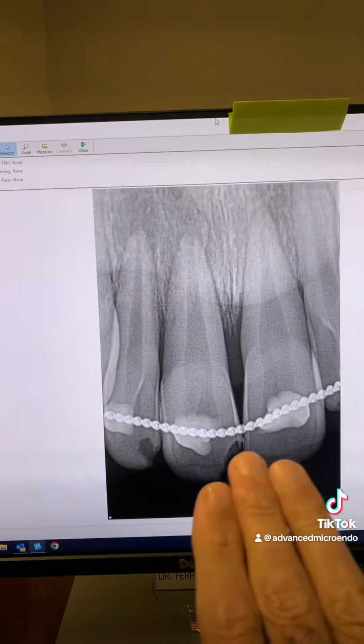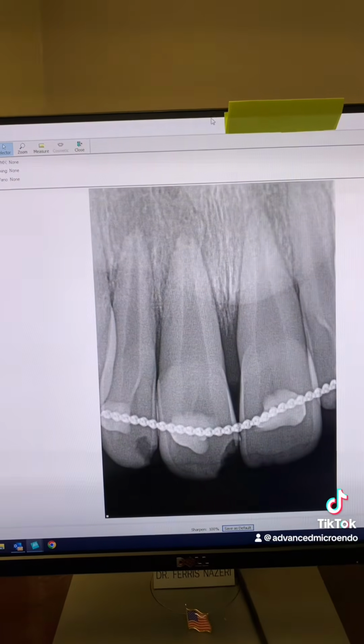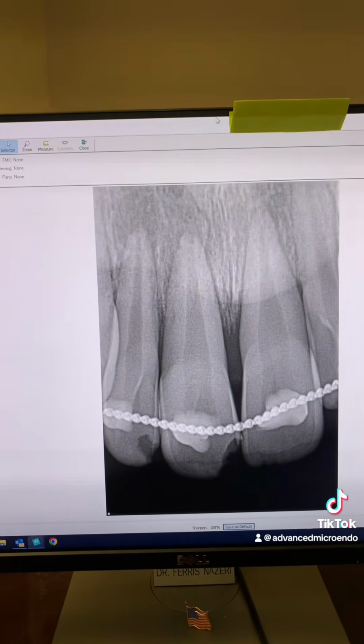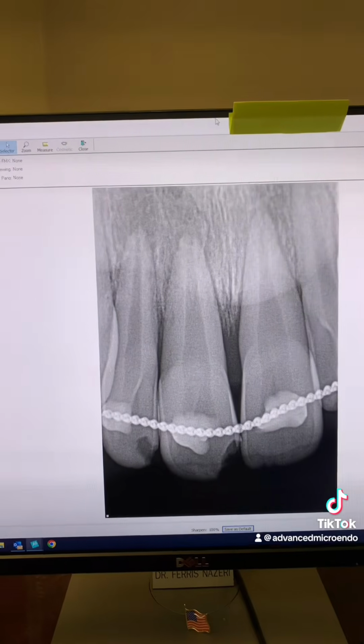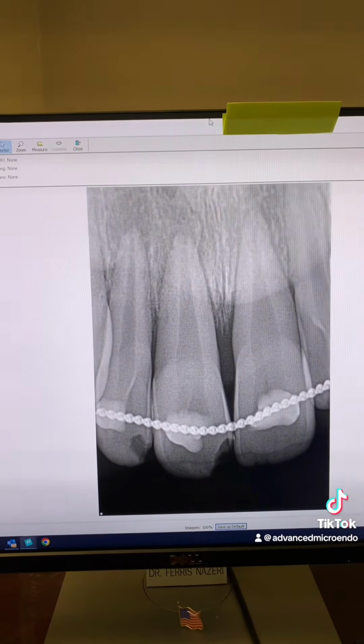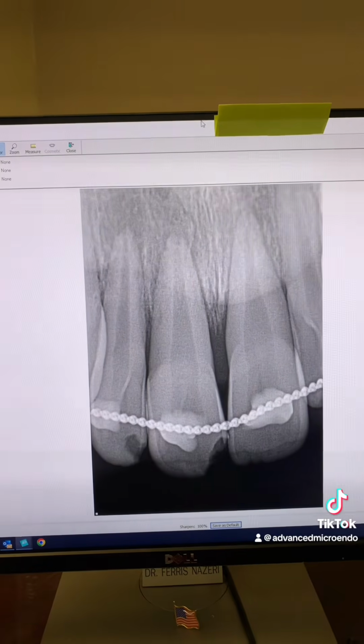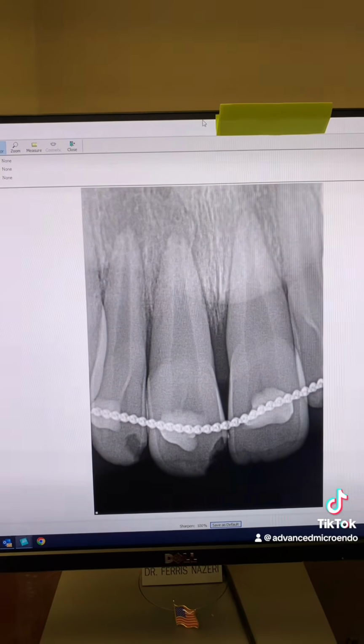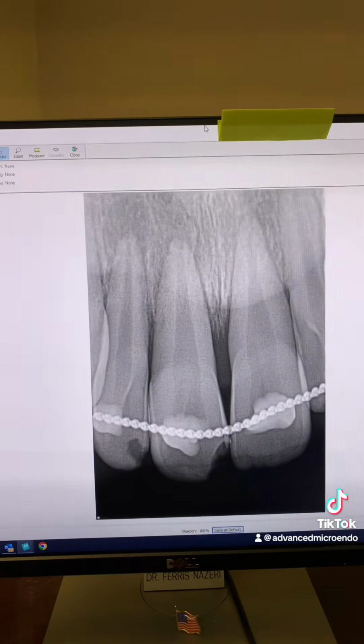We can go ahead and do what we need to do, but the patient's dentist will need to keep an eye on these teeth and make sure that those things aren't happening, and if they are happening, they need to be addressed properly if need be, and if possible.